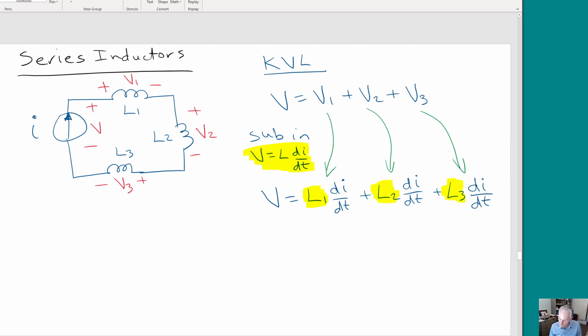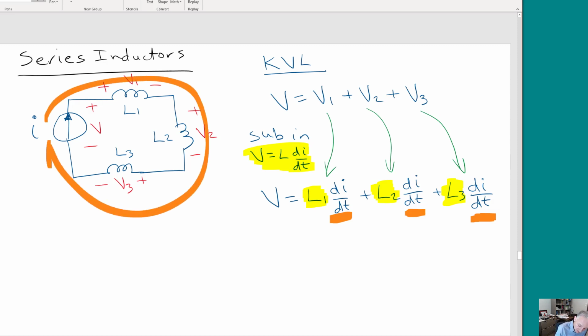But what's interesting is that they share a common di dt. And the reason why is because this I is the same throughout the entire circuit, so di dt is going to be the same.